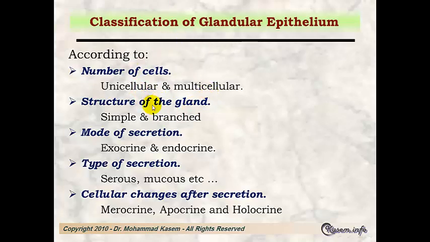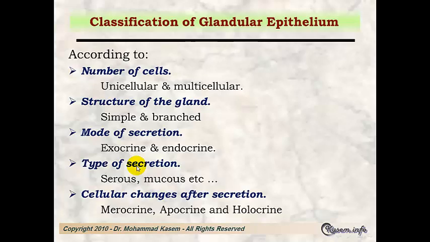According to the structure of the gland, either simple gland or branched. Now, according to the mode of secretion, how the secretion comes out from the gland, by a duct in the exocrine gland, or directly released to the blood in endocrine glands.